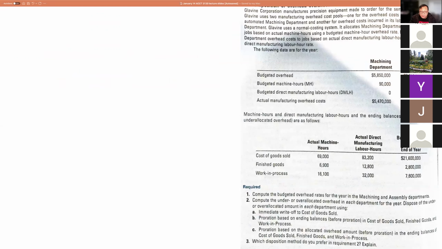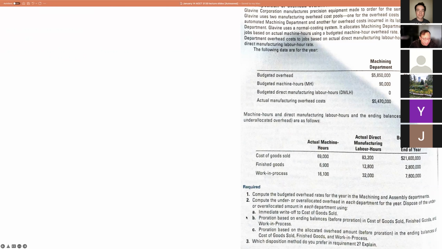Number B, you calculate the proration, the percentage proportion based on the relative balance prior to the proration. And number C, you base it on the allocated overhead amount. So number 3, which method do you prefer in requirement 2? Rain?